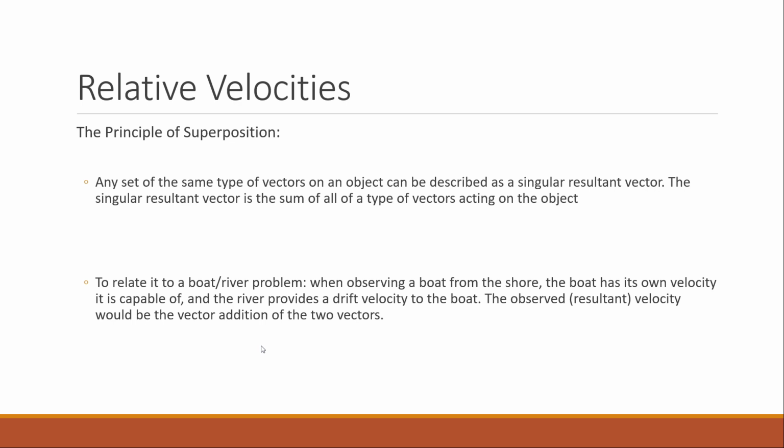It says that any set of the same type of vectors on an object can be described as a singular resultant vector. And the singular resultant vector is the sum of all of that type of vector that are acting on the object. A way to describe this is perhaps you can think of somebody who does many different displacements. They go here, then there, and back and forth, and this and that.